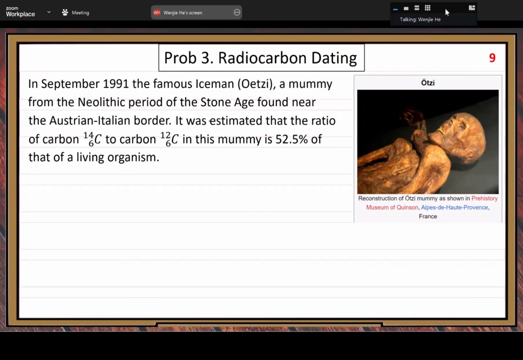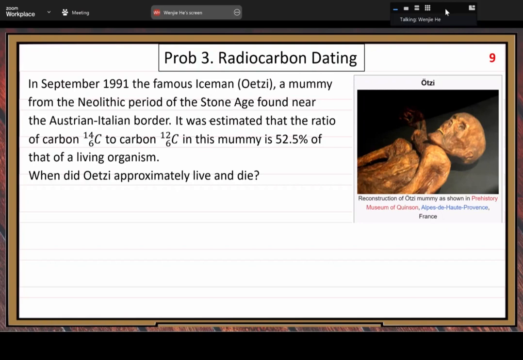Two ratios, at different time points. And the question: when did Oats approximately live and die?